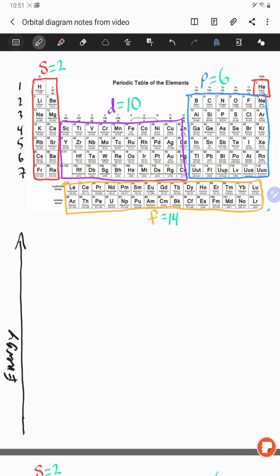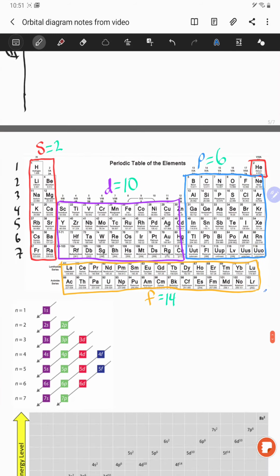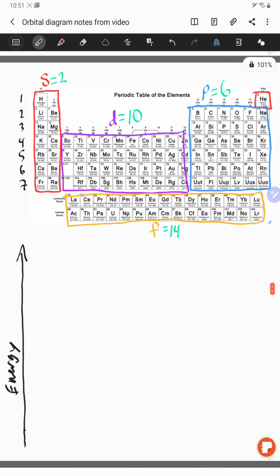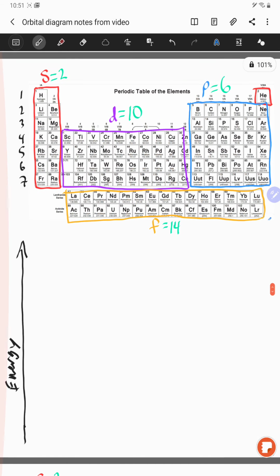But first, let's decide which atom we want to do. Let's do an example here with vanadium and see what that looks like.